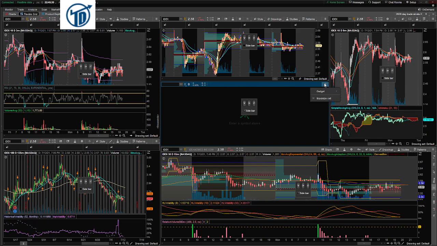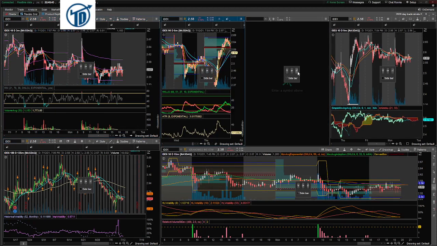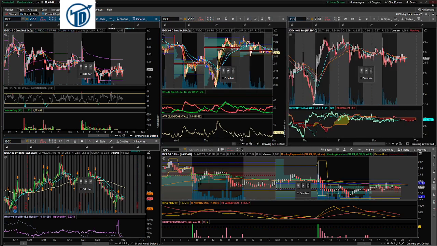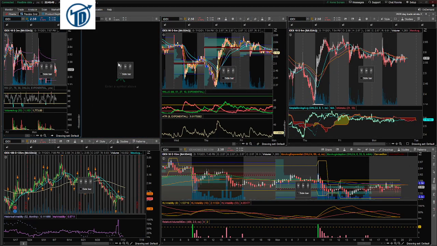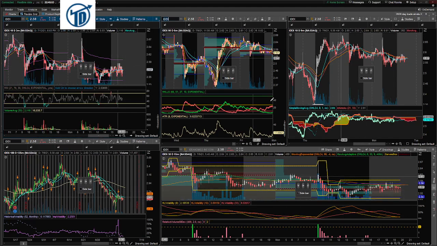I want to remove this chart. Okay. So you can put one below, one on the side, like that. Each one of them lets you do that. You put one on the side there, and customize it the way you want.